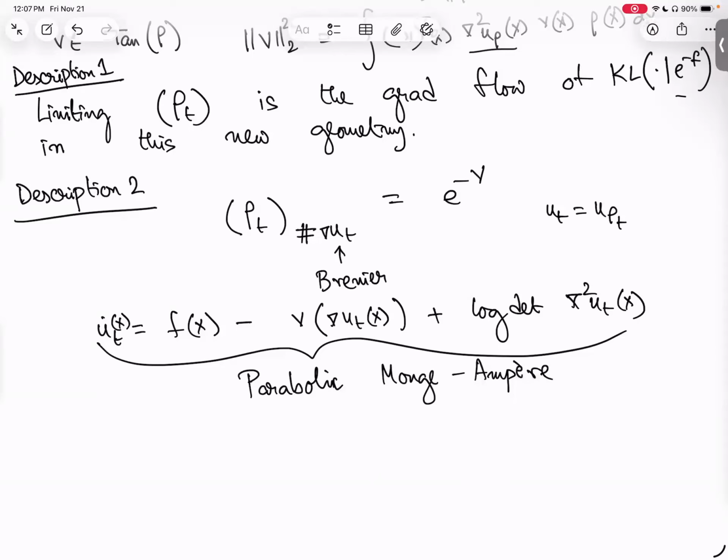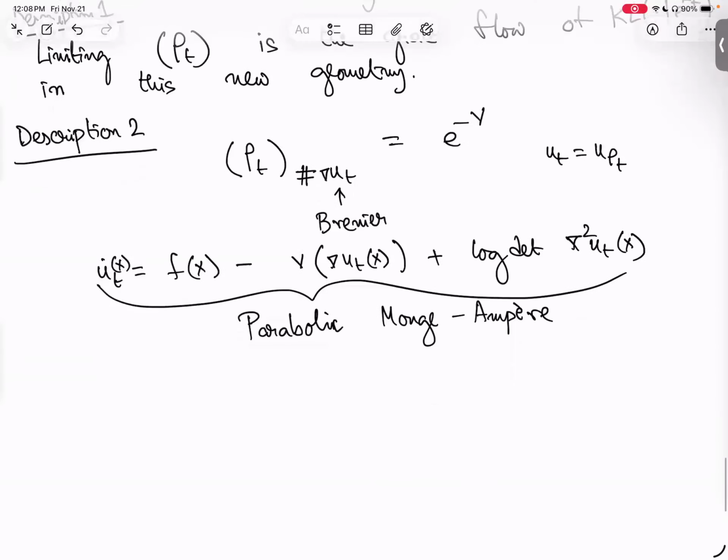So if you recall from Young's lecture, what does the Monge-Ampère equation do? Let's go back to the Monge-Ampère equation. I know my e to the power minus f, when I do a push forward by my Brenier map, which is, let's say, gradient of u, I get e to the power minus v.